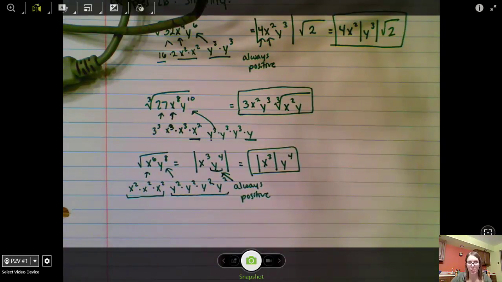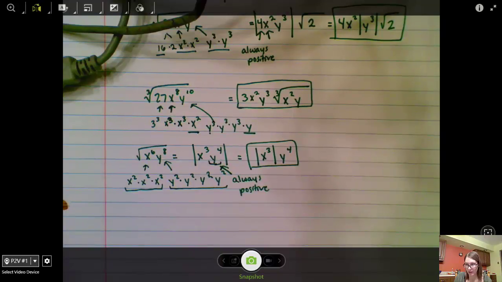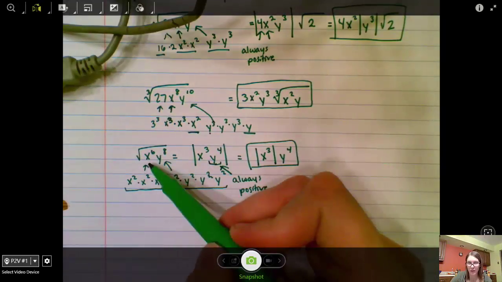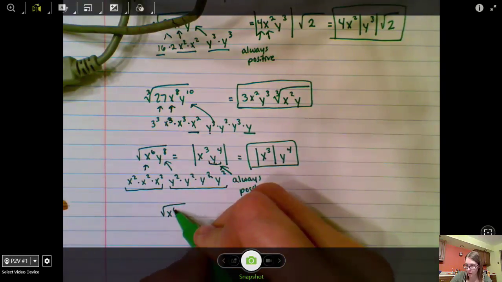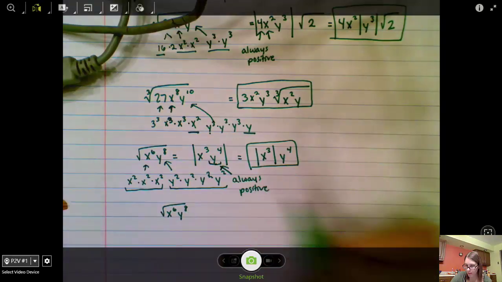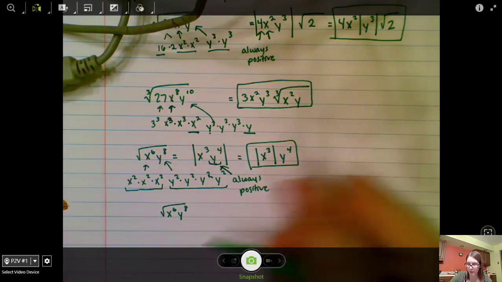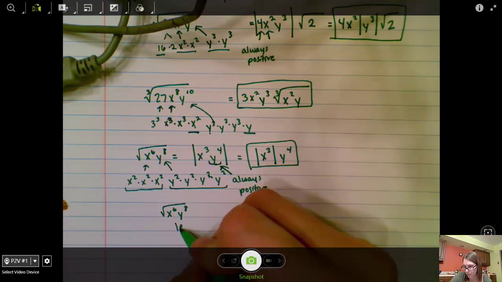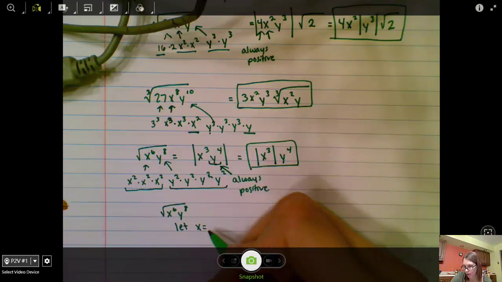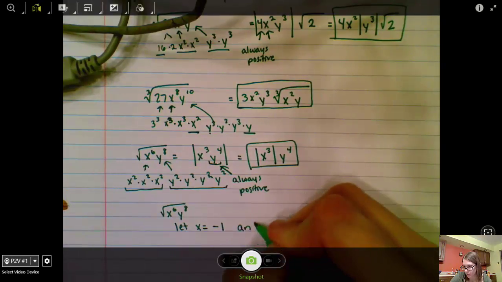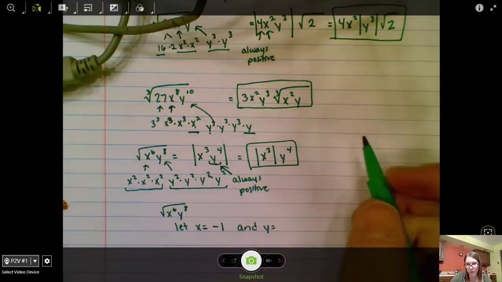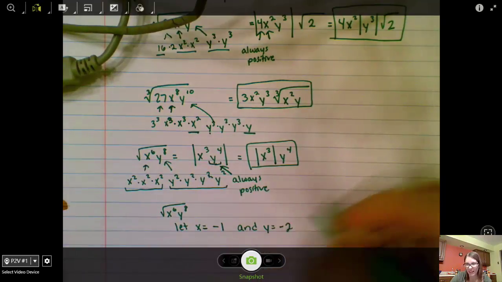Something else that might help in thinking about whether we need the absolute value or not is to think about what this would look like if we actually had numbers. So if I had this again, the square root of x to the 6th, y to the 8th. Let's pretend for a second we'll let x equal -1 and y equals -2.